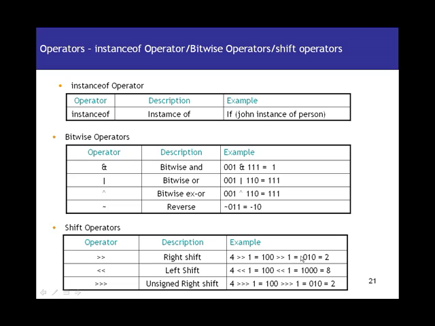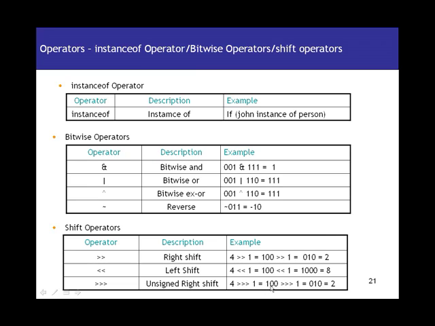Now, one thing to note here is, when you do a right shift, what is the value that will be placed at the leftmost position? It actually depends on what value we had in the leftmost position earlier. If the value was 1, it's going to replace all the empty positions by 1, whereas in the left shift operator, it's always going to replace the empty positions on the right by 0. Similarly, we've got the unsigned right shift operator, which acts the same as the right shift operator, but the only difference is that all the empty positions will be replaced by 0.